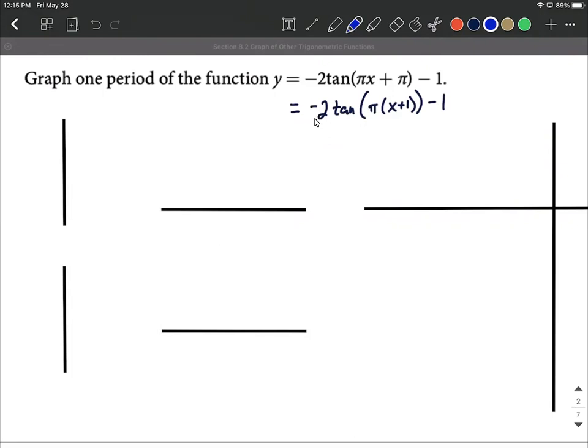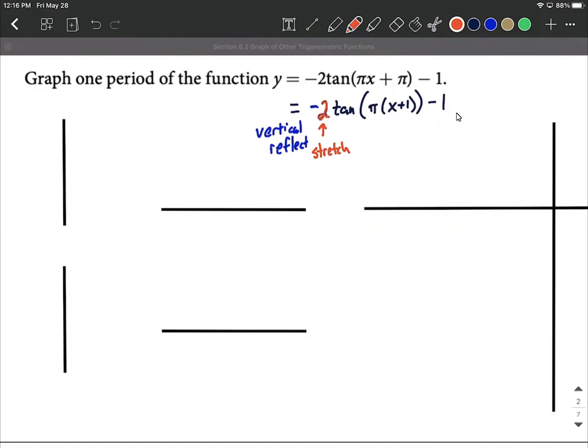We have a negative out in front. That's going to be a vertical reflection. Next up, we have that 2. That 2 is going to be a stretch. It's going to make the entire graph a little bit taller and skinnier as we go along.